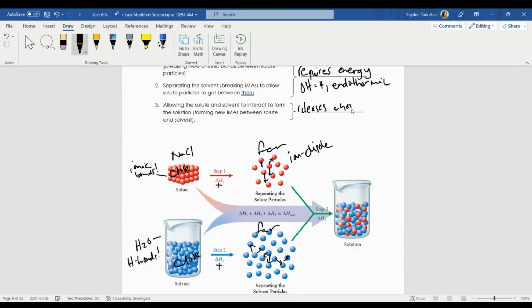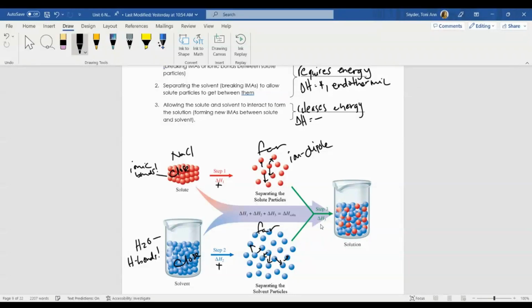It's more stable because we don't want all of this salt in one spot and all of this solvent up here. They want to interact with one another. So when they interact, that releases energy. And that's going to bring in something else that we're going to talk about in Unit 9, which is entropy. You might have talked about entropy in physics, I'm not sure.